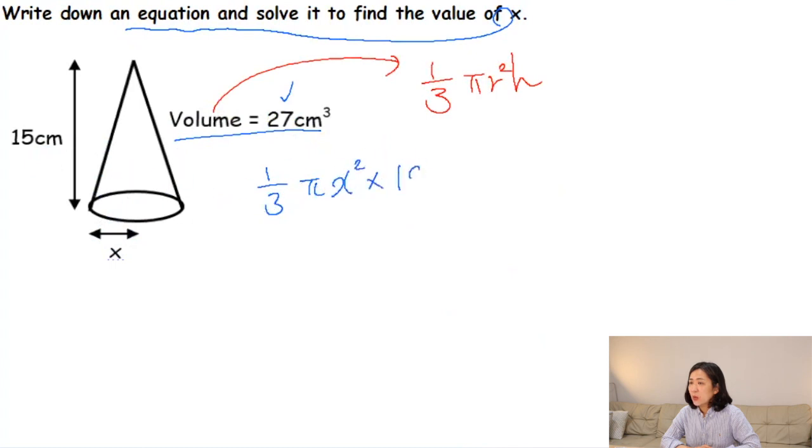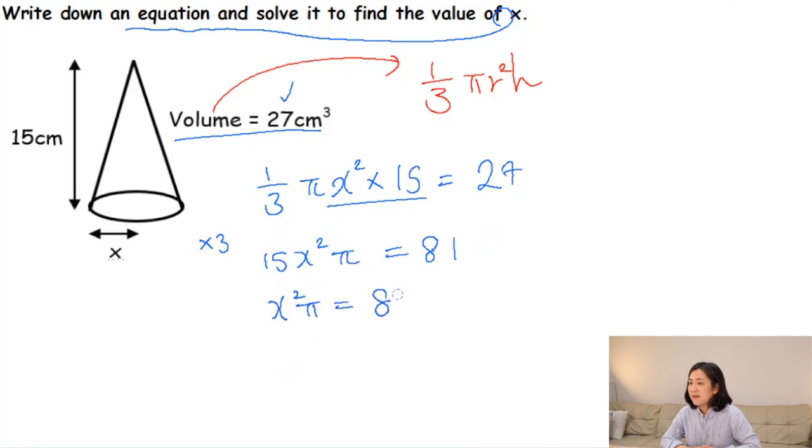Let's times 3 both sides. So we've got 15 x squared pi, and if you times 3 on the other side, will be 81, right? Now let's divide both sides by 15, then we've got x squared pi will be 81 divided by 15.